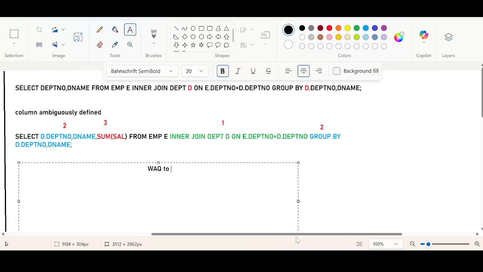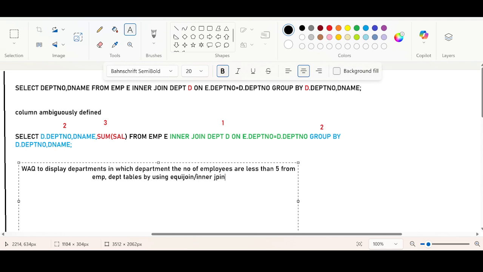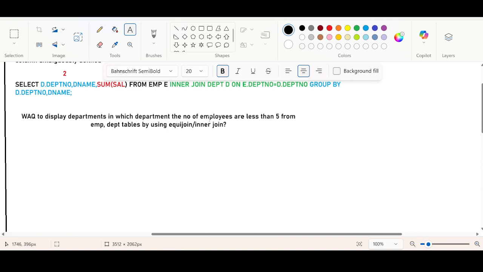Write a query to display departments in which the number of employees is less than 5, from the employee table and department table, by using join or inner join.